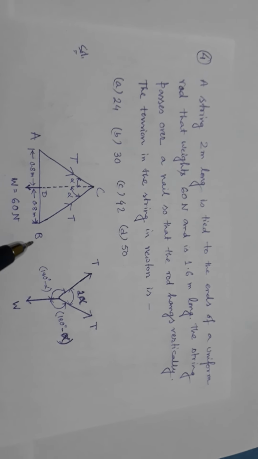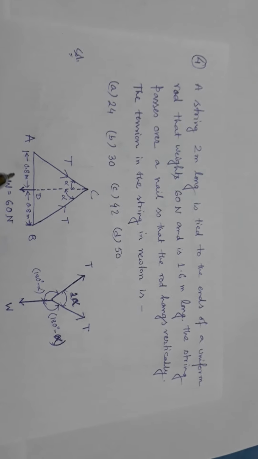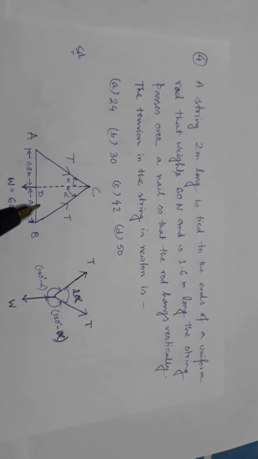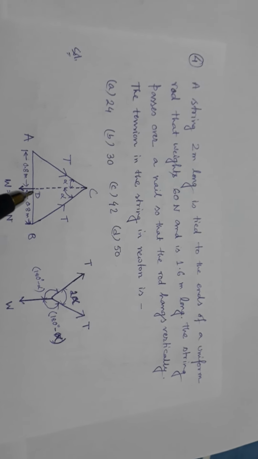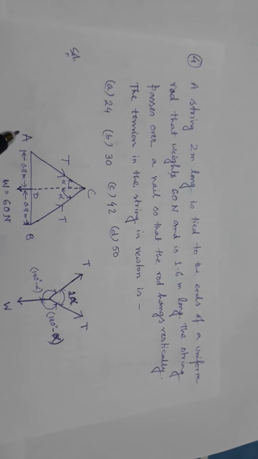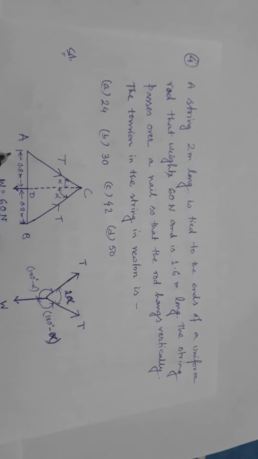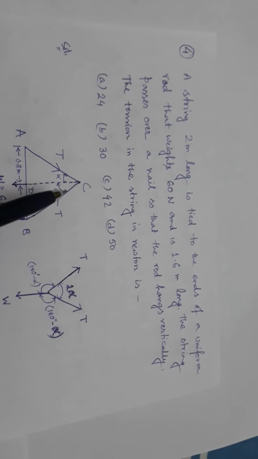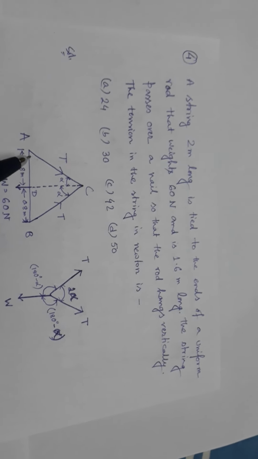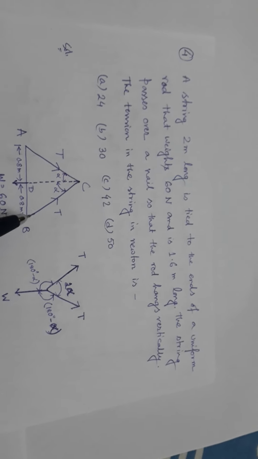The total length of the string is 2 meters and it is tied to the ends of the uniform rod. This is the uniform rod, and this total is the one string. This is 1 meter and this is 1 meter.